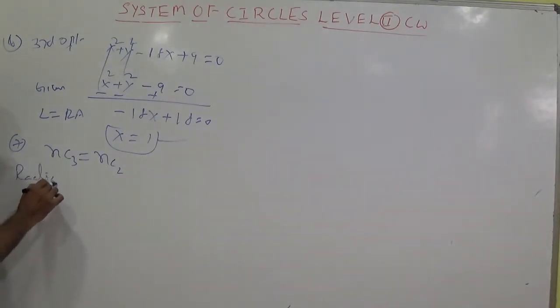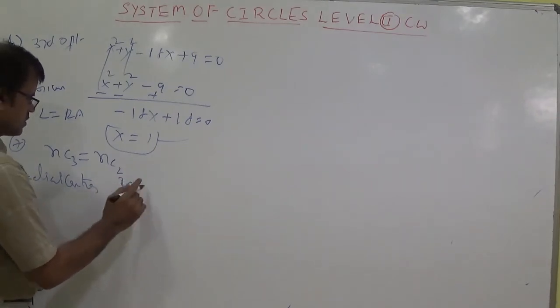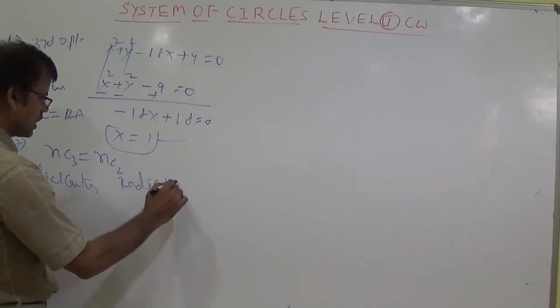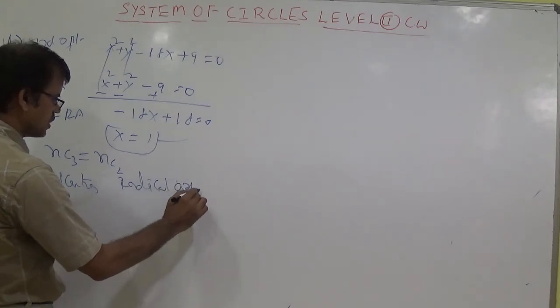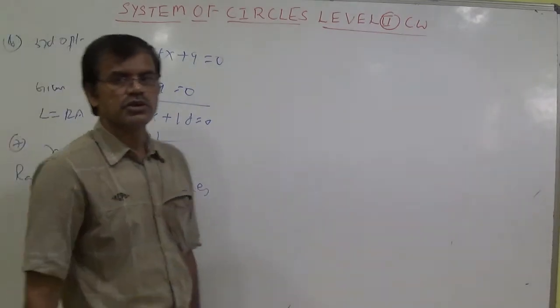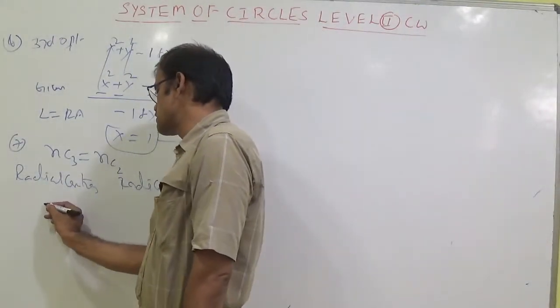If there are n circles, to calculate radical centers we need 3 circles, and to calculate a radical axis we need 2 circles. That implies nC3 = nC2.